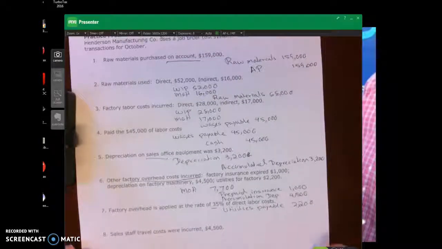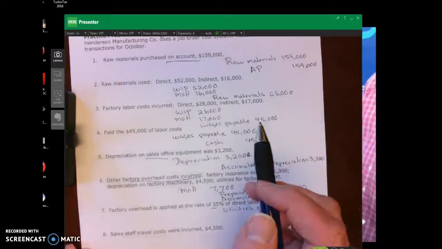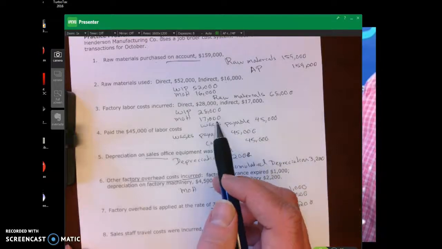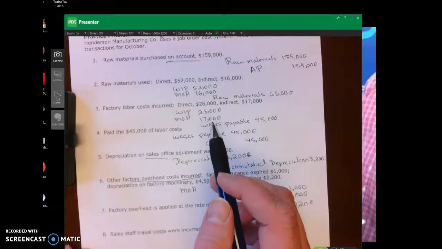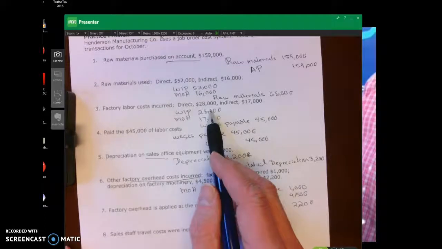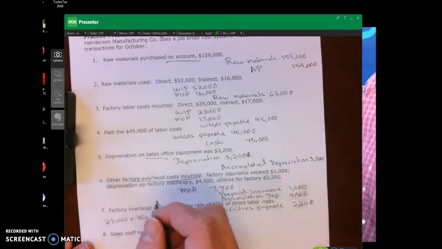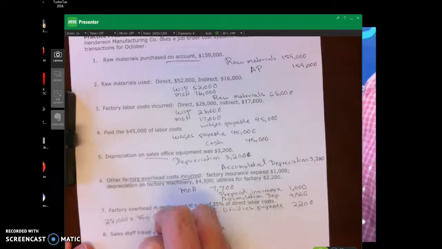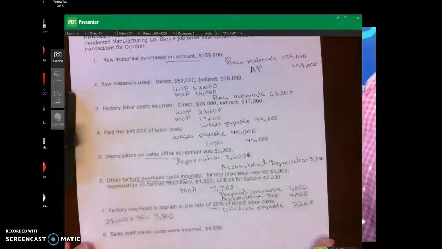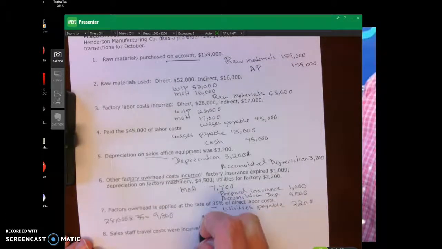So now I look over here at my direct labor costs. What I have is my $28,000 is my direct labor. So I'm going to go 28,000 times 0.35, which is going to equal our $9,800. And then what I'm going to do is move it into WIP.